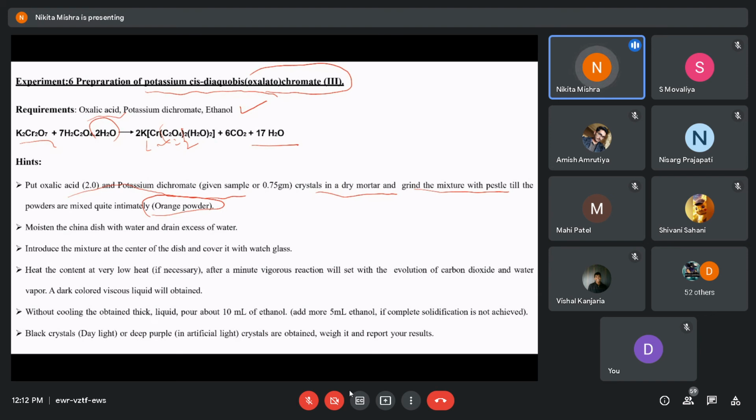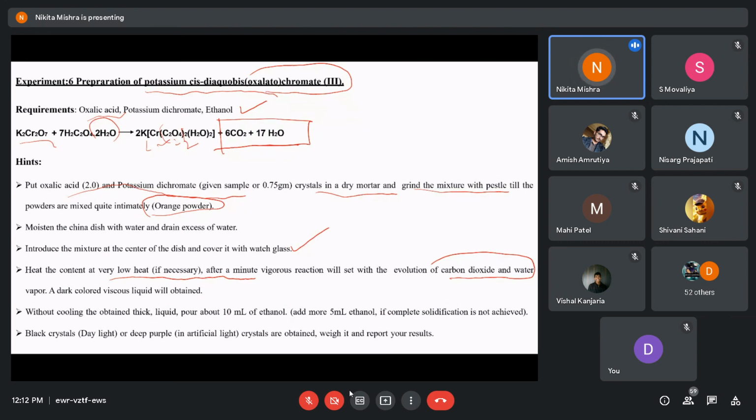Then moisten the china dish with water and drain the excess water. We have to introduce the mixture at the center of the dish and cover it with a watch glass. A vigorous reaction occurs on low heat, and that reaction will evolve carbon dioxide and water.